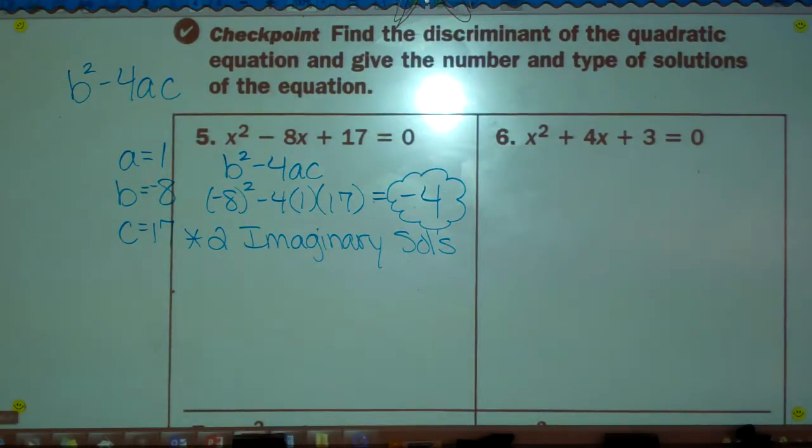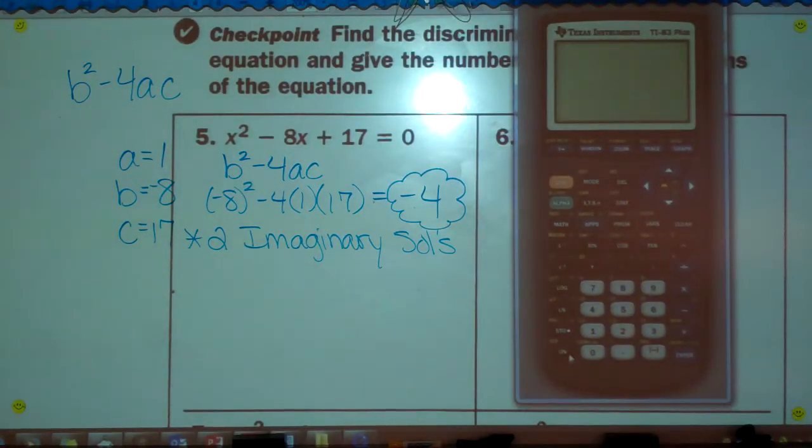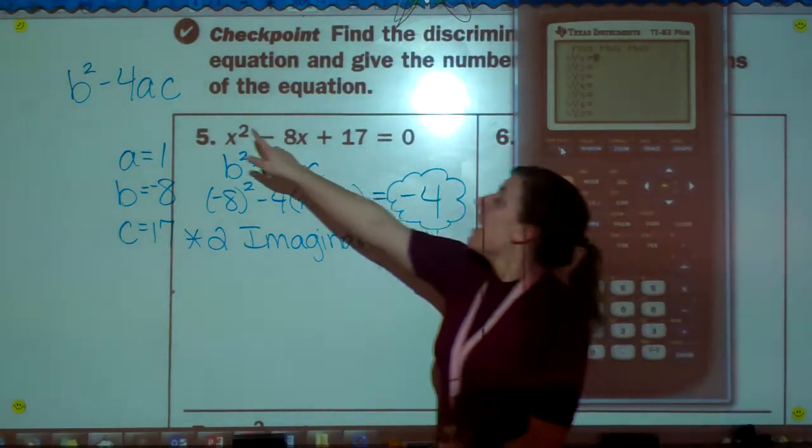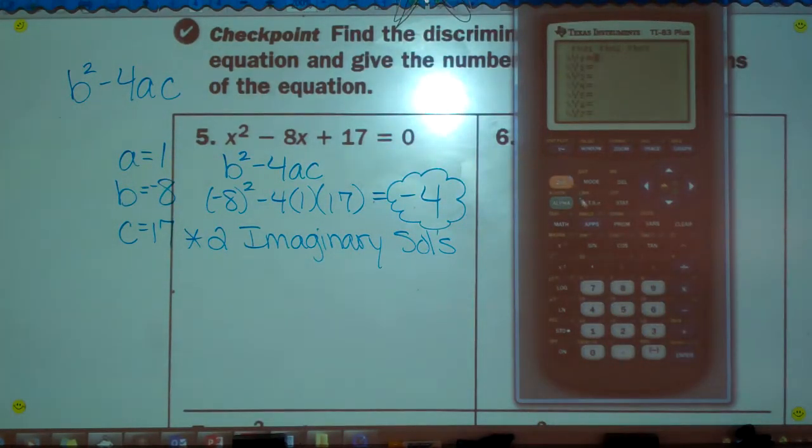If I pull up the graphing calculator and put this into y equals, x squared minus 8x plus 17, let me zoom standard, so that's 6.